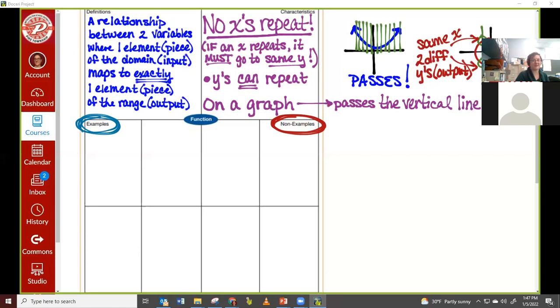I'm going to give you guys a couple minutes to think about that and type your ideas into the chat. Please feel free to send them to me as direct messages so that I'm the only one that can see it. And then we can talk about them. You don't have to state ahead of time whether you think it's an example or a non-example. Just give me some different things and we'll put them up and we'll discuss.